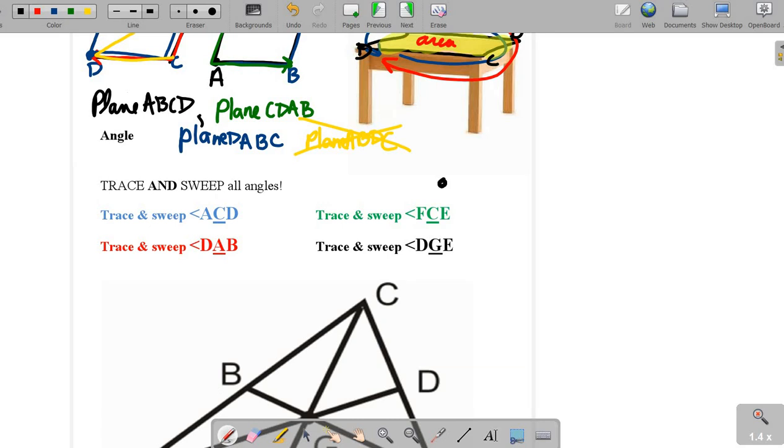You have an endpoint and a ray going one direction, and an endpoint and a ray going another direction, connected at a common endpoint. So 2 rays stuck with a common endpoint, that is called an angle. 2 rays with a common endpoint is called an angle.